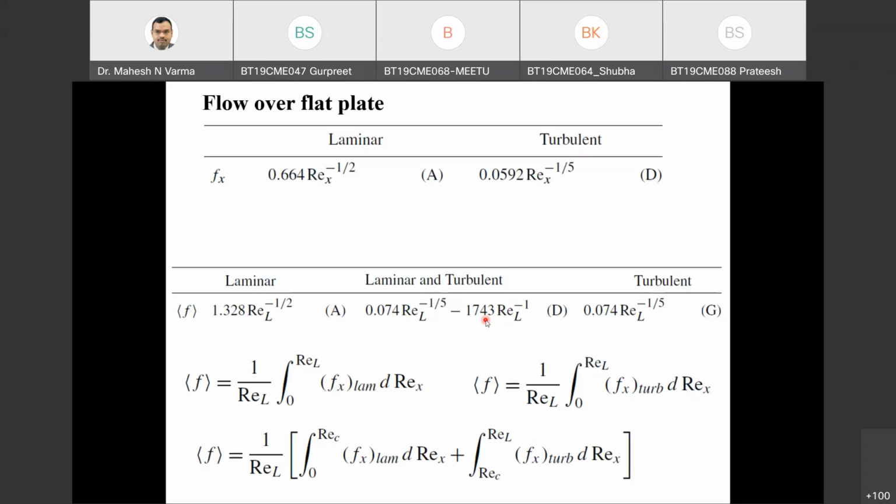Use Chilton-Colburn analogy for average properties. So you can get an average Nusselt number, that in turn gives the average value of heat transfer coefficient, and the average value of Sherwood number will give me the average value of mass transfer coefficient.